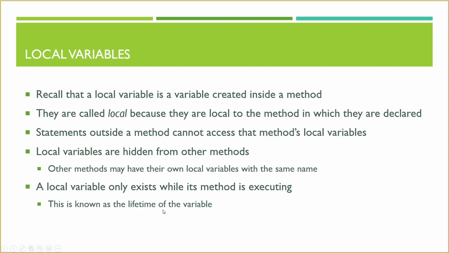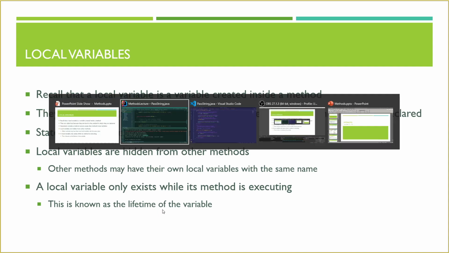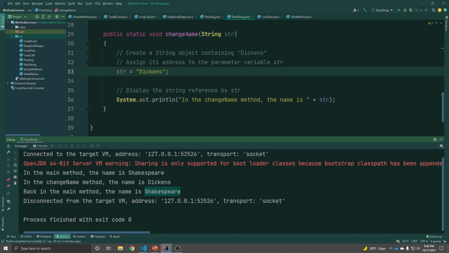And the fact that it only exists while its method is executing, we call that the lifetime of the variable. So just like I was mentioning earlier, when this method terminates, any variables I use in change name die, right? The lifetime of str is over once change name terminates.